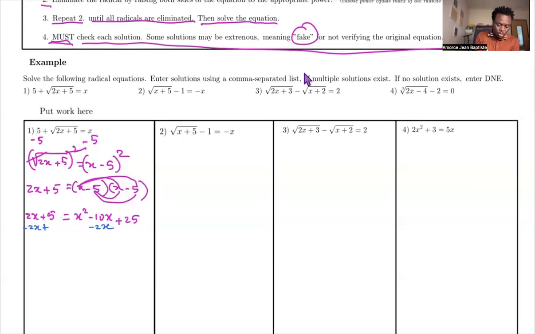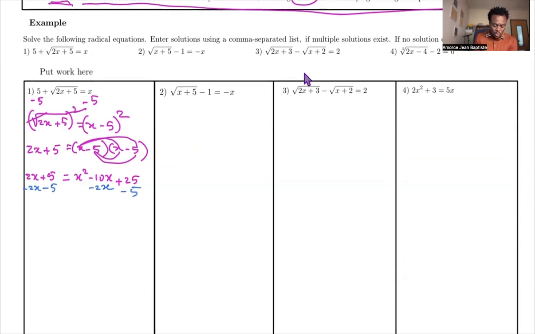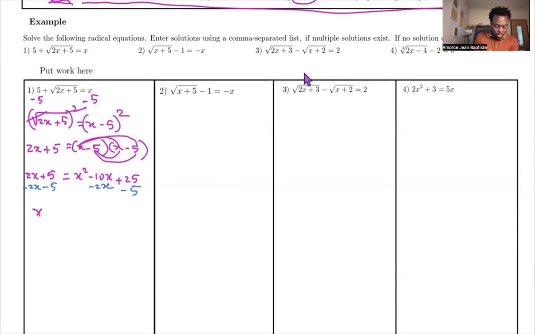So we would subtract 5 on both sides. Subtract 5 on both sides. So the new equation in standard form will be x squared minus 12x plus 20 equals 0.